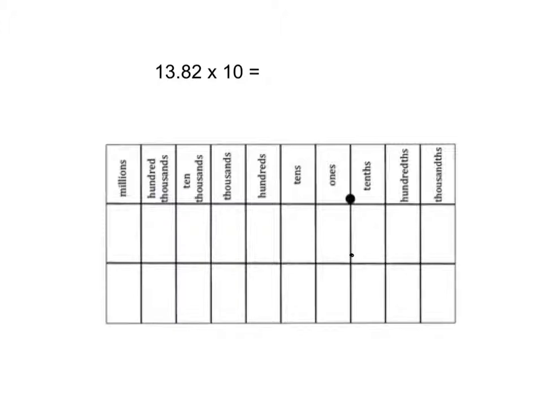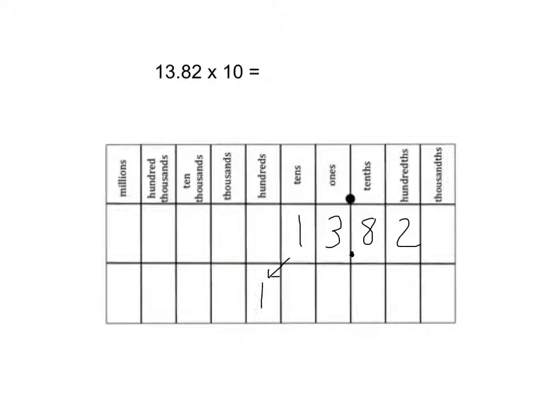And then I'll put the decimal point first. There's a 3 in the ones place. There is 1 ten, and we have 8 tenths, and we have 2 hundredths. But what we're doing is we're multiplying by 10. And so if I have 1 ten and I'm multiplying it by 10, 1 times 10 is actually equal to 100.